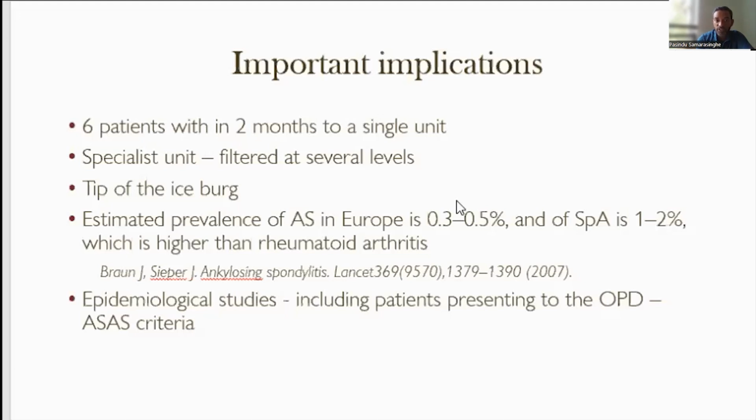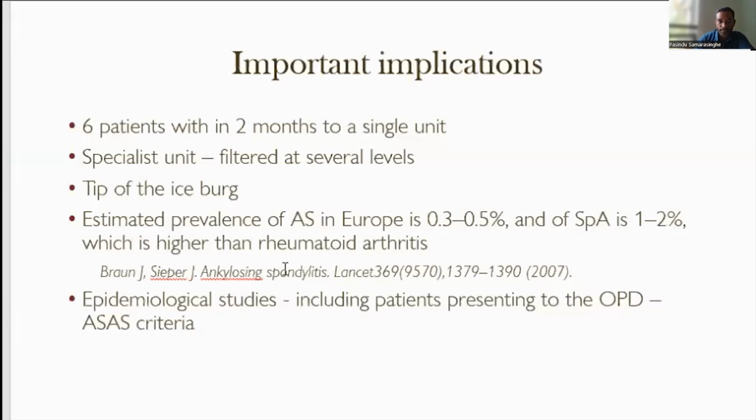Only a few patients are being picked up and referred to rheumatology clinics, but we are just seeing the tip of the iceberg. As we study, ankylosing spondylitis prevalence is 0.3 to 0.5%, but when you do the MRI scan, that is spondyloarthropathy, it increases. So you have 1 to 2%. So this is even higher than rheumatoid arthritis. It's a condition equally common or even more common than rheumatoid arthritis.